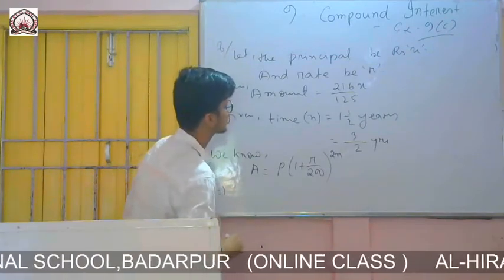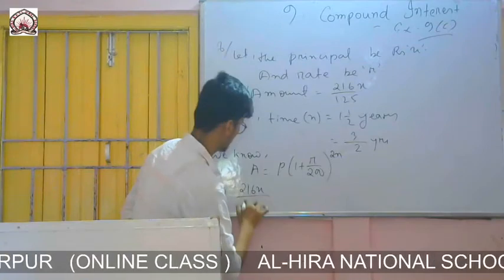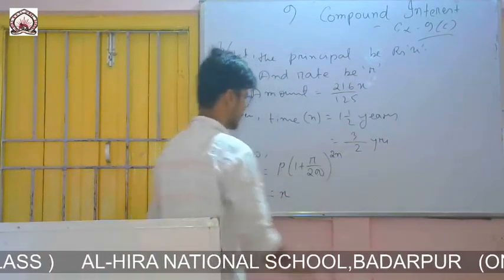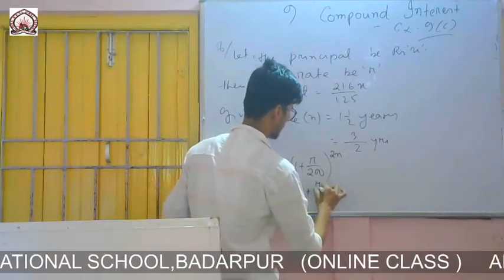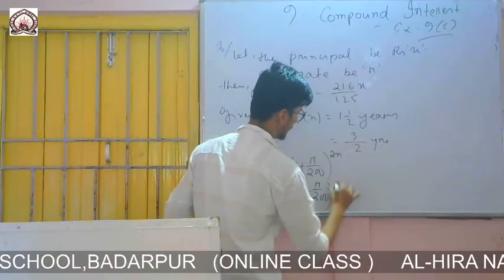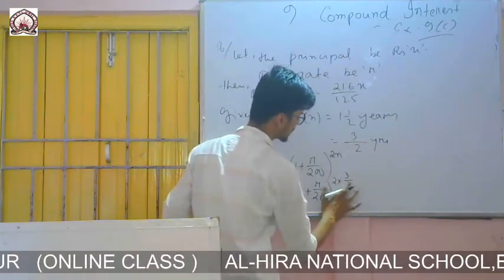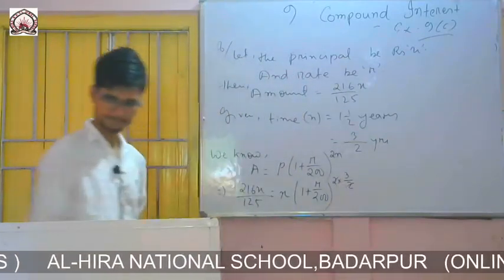So amount it is given 216x by 125. P it is given x, 1 plus R, rate of interest it is missing, R by 200, and time twice n, that means 2 into 3/2. 2 to cancel, only 3 left.